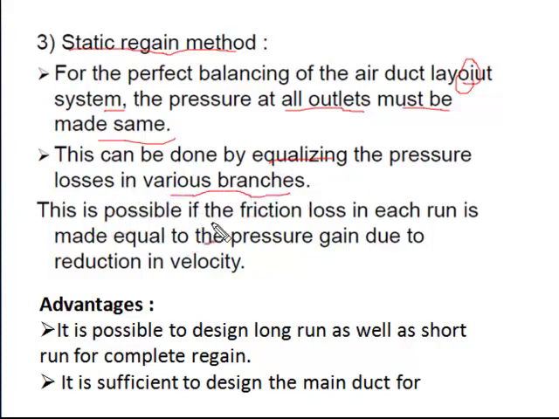This is possible if the friction loss in each run is made equal to the pressure gain due to reduction in velocity. Here is the advantage of this static regain method: it is possible to design long runs as well as short runs for complete regain. It is sufficient to design the main duct for the air conditioning system.